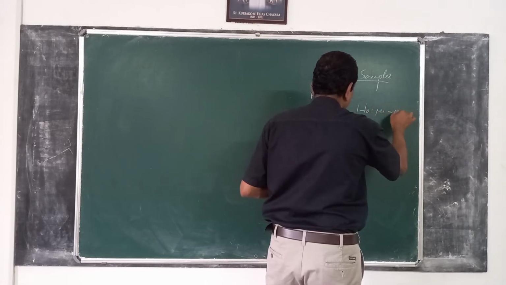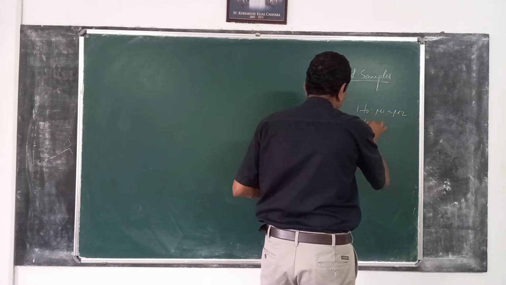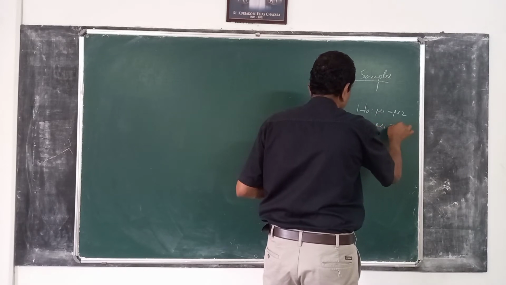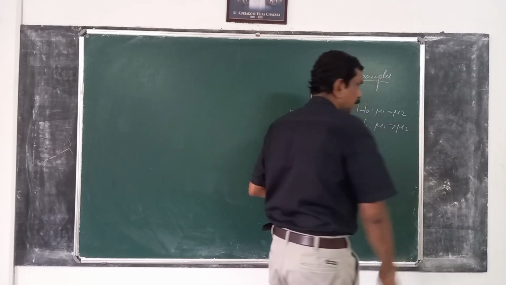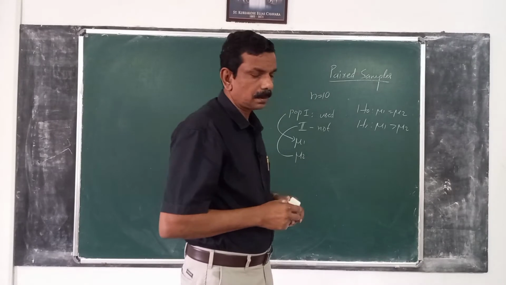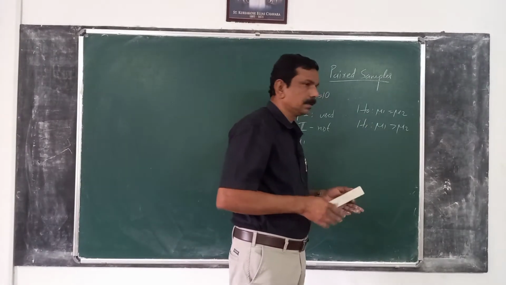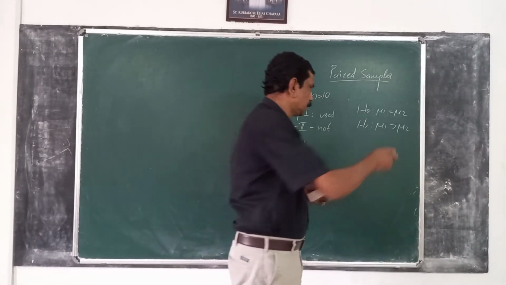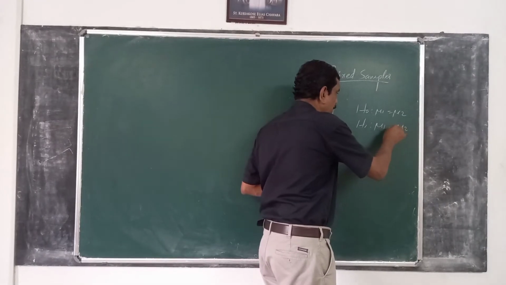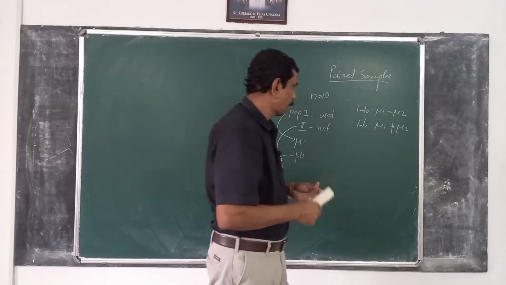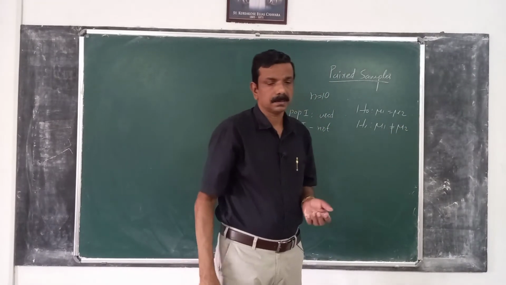H1 is mu1 not equal to mu2, or mu1 greater than mu2 if you are sure that the additive will increase the mileage.